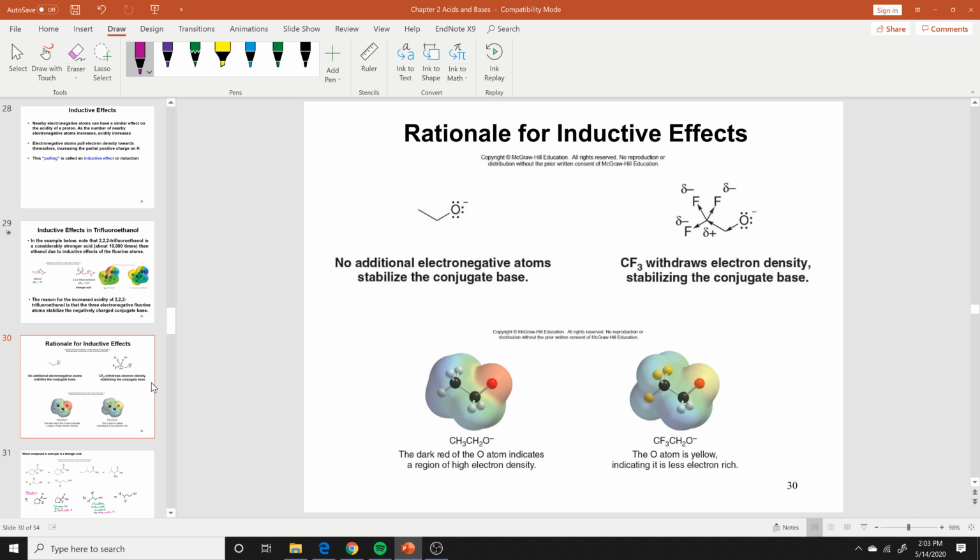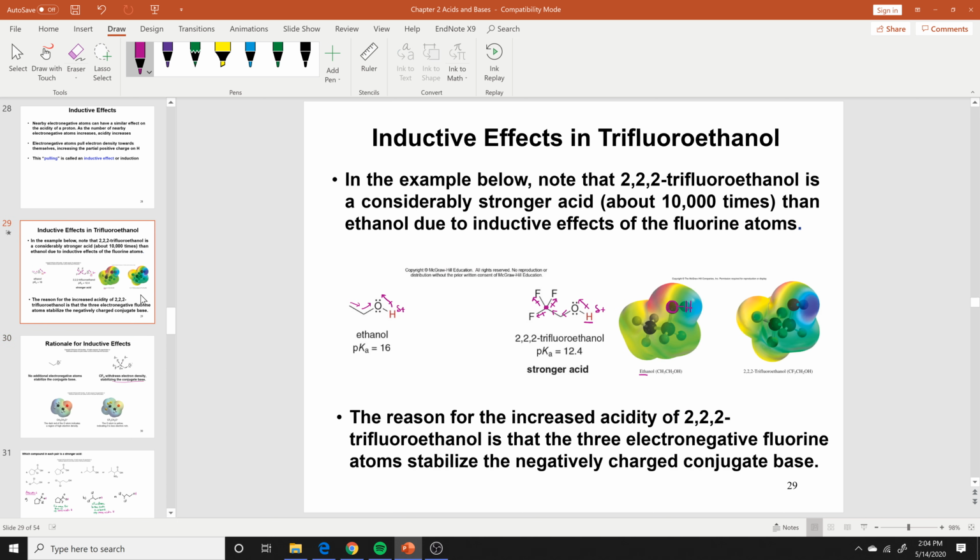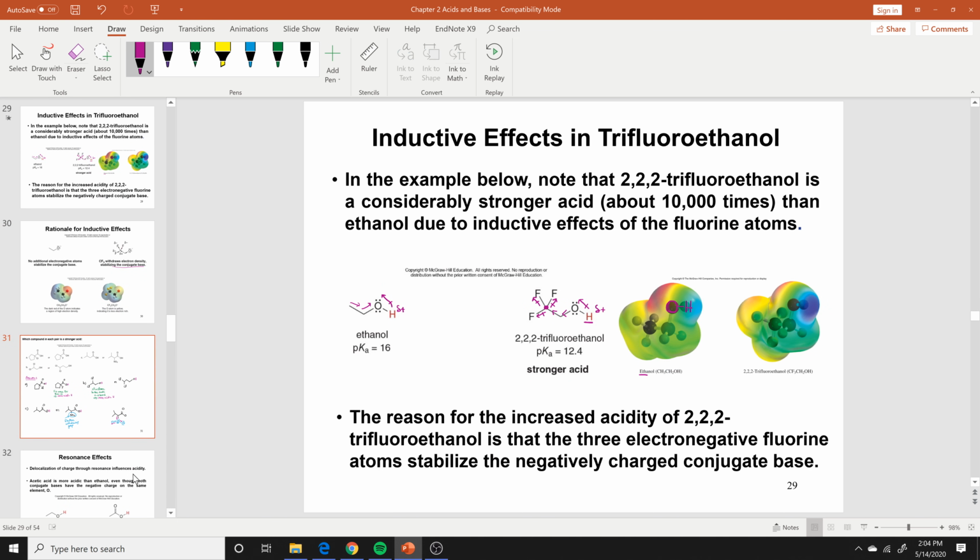They withdraw electrons through the sigma bond. So when they do this, they distribute the electron density more across the structure. They stabilize the conjugate base. If they stabilize the conjugate base, then the base is stable, and then its acid is going to be a stronger acid in that case.